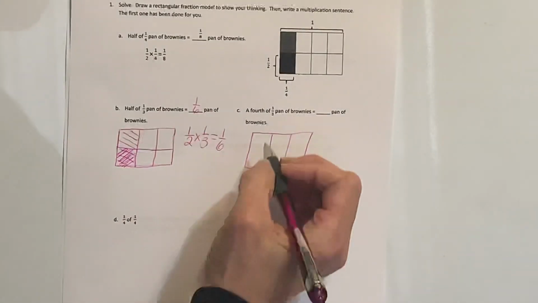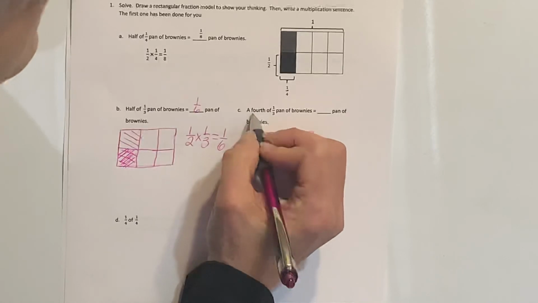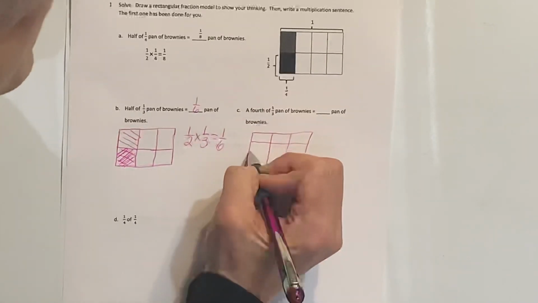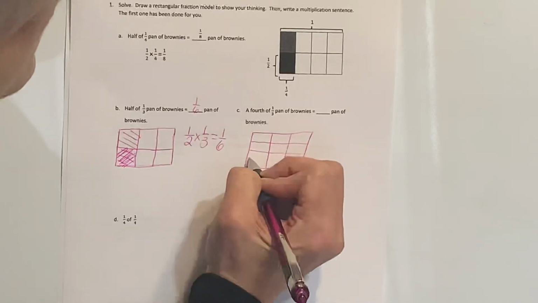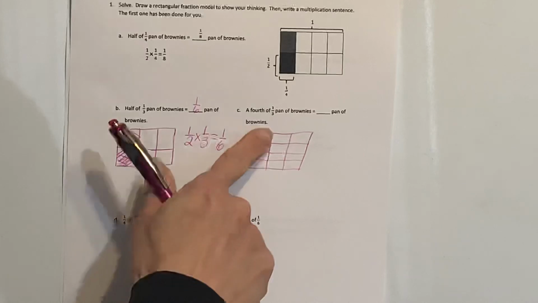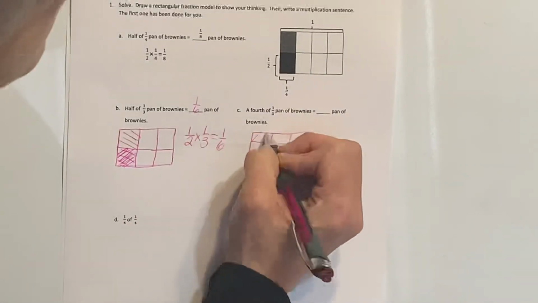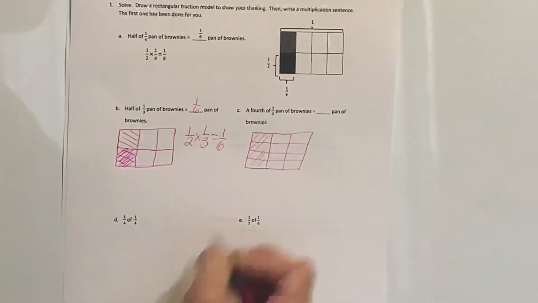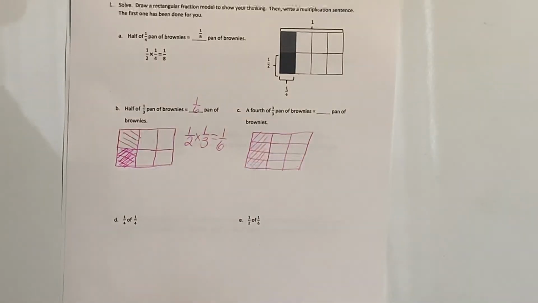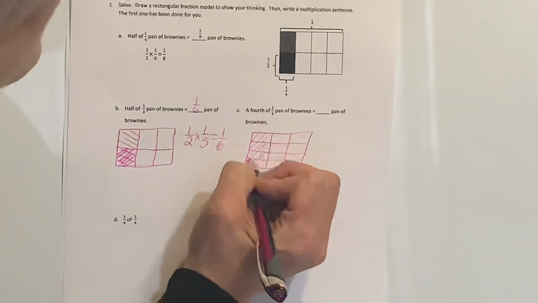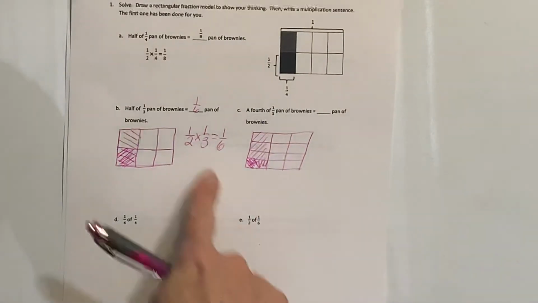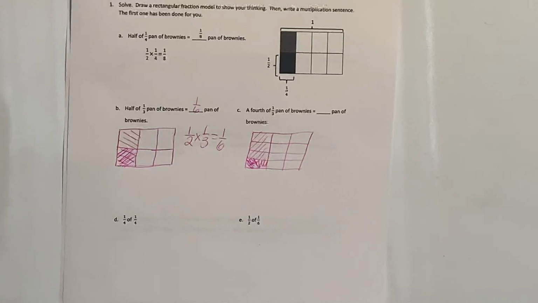It says a fourth of a third, so I need to split these into 4 pieces. 1, 2, 3, 4. So this would be my 1/3, and I only want a fourth of it. So 1, 2, 3, 4. I only want one of those, so I'm going to color this in. And I notice now with my smaller parts, I have 12 pieces.